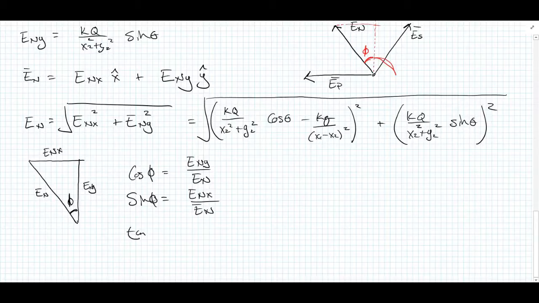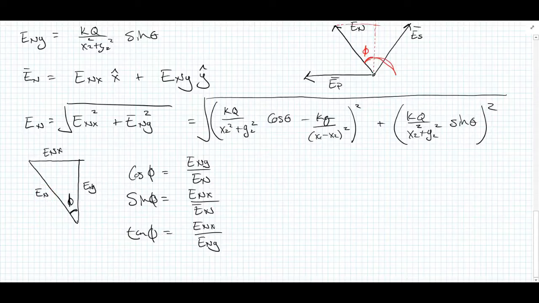And tangent of that angle is the opposite over the adjacent, so it's e sub n x over e sub n y. Now I've got all three of these lengths. I got the x and y components when I added the fields together, and I just finished calculating the magnitude. So I could use any of these three.